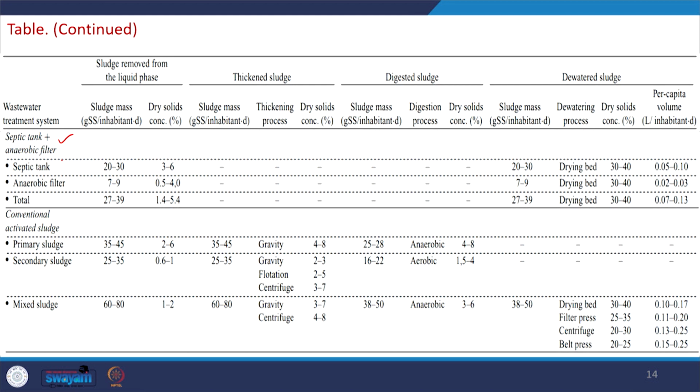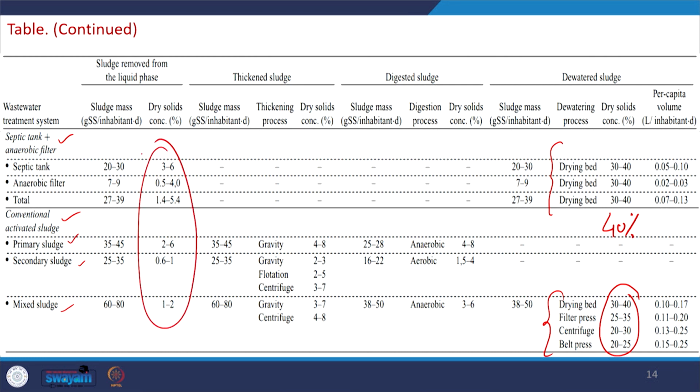So, the table is further continued for septic tank and anaerobic filter, and the conventional activated sludge, where we have primary sludge, secondary sludge, mixed sludge. After drying we can use any of the processes: drying bed, filter press, centrifuge, belt press. Anything is possible, but the dry solids ultimately increase to 40% from the initial concentration. For the conventional activated sludge process, thickening can be carried out by a gravity method, flotation method or centrifuge method.